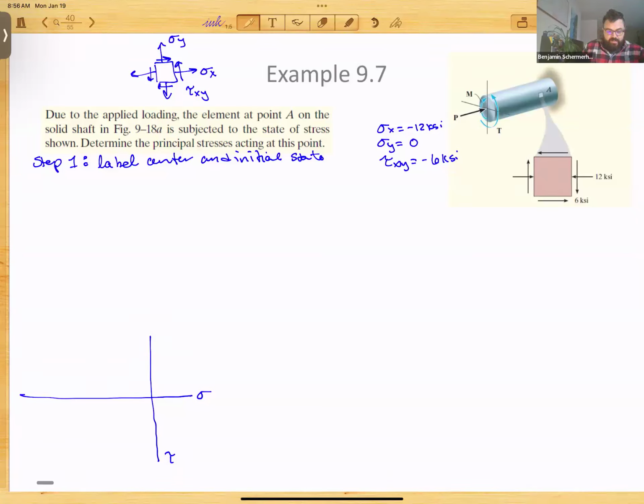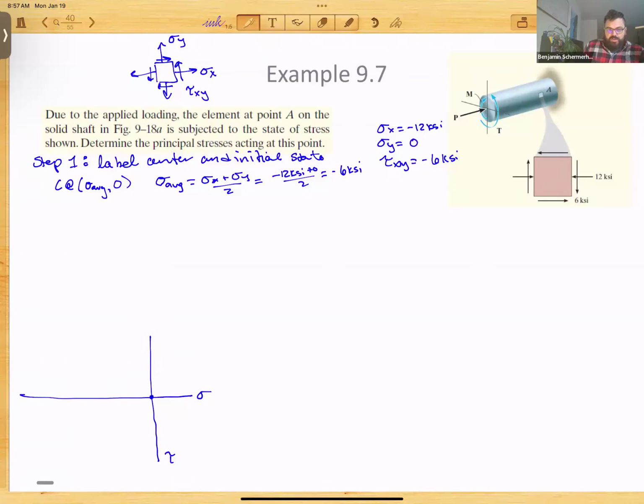So we want to calculate sigma average, which is sigma x plus sigma y over 2. That's negative 12 ksi plus 0 over 2. Our average is going to be located at negative 6 ksi.